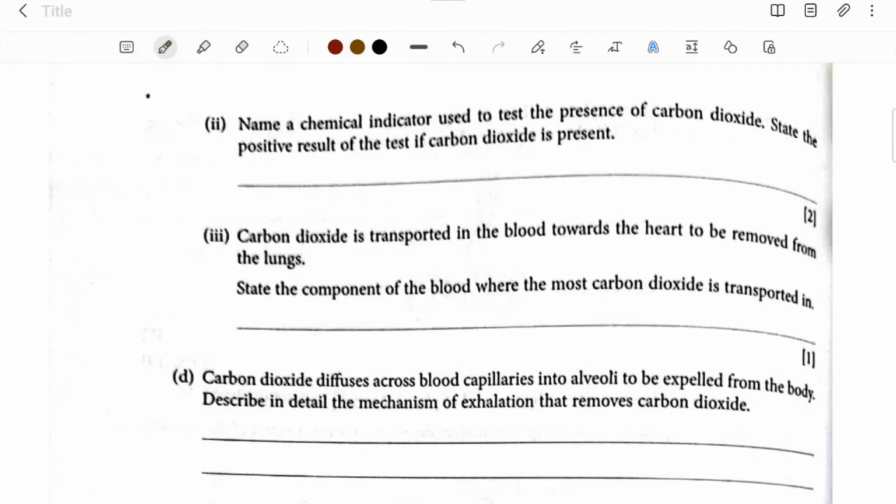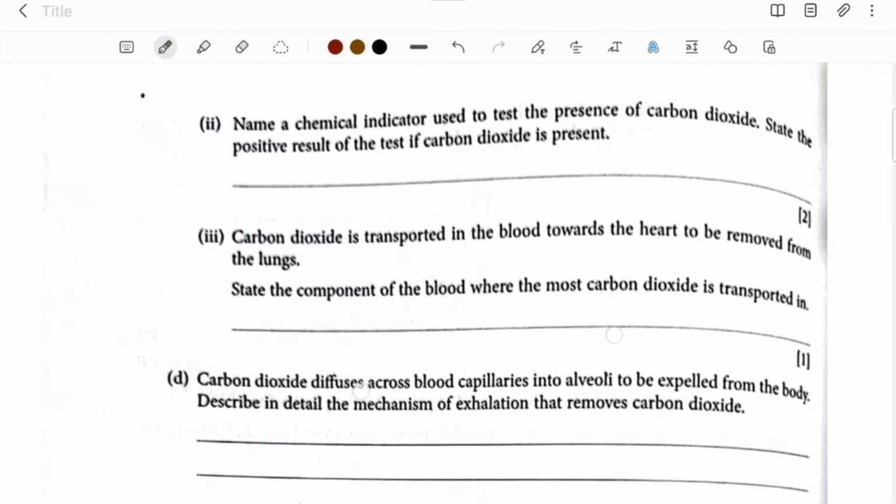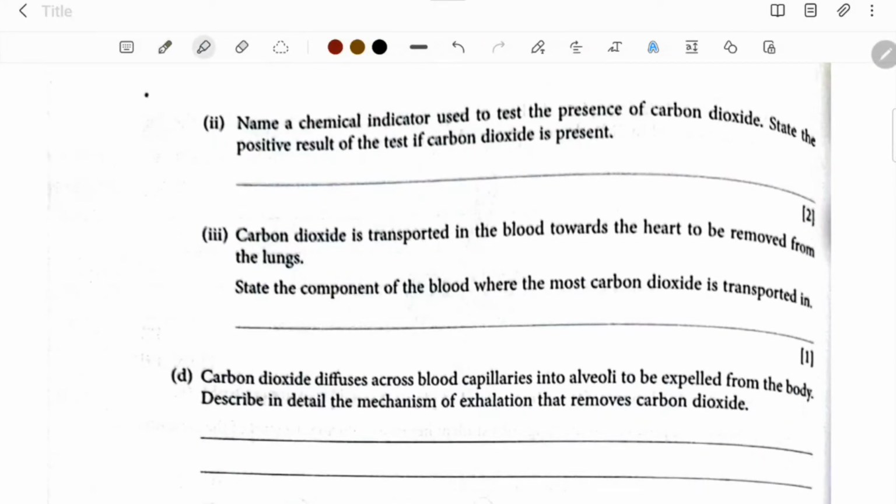Okay, so Roman 2. Name a chemical indicator used to test the presence of carbon dioxide. So for carbon dioxide gas test, you can use this for bio and chemistry also. So normally we use lime water, and then they ask to state the positive results of the test if carbon dioxide is present. So what is the observation? First things first, you write down lime water.